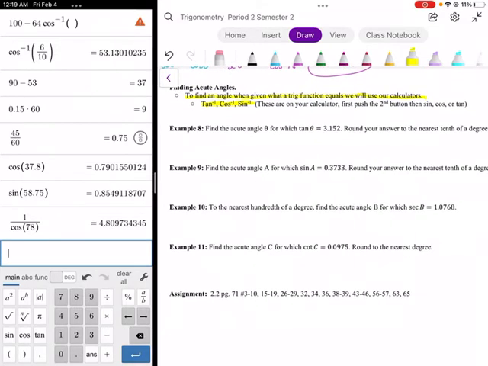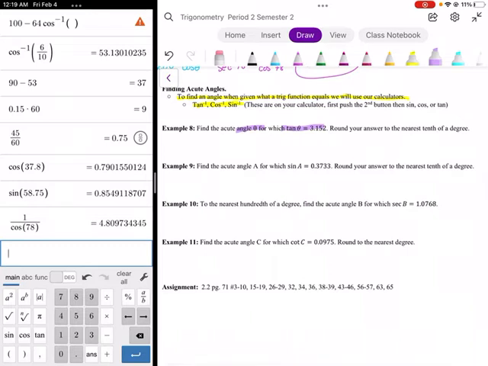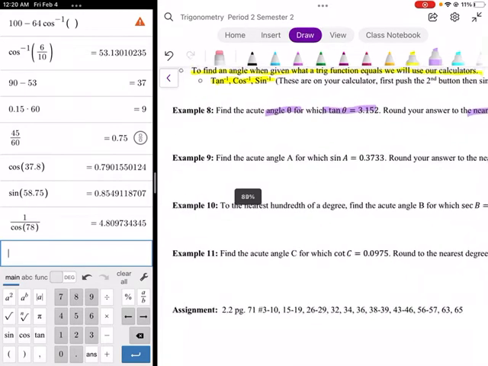And you use these when you're looking for angles. Our next example wants us to find the acute angle theta, for which tangent of theta equals 3.152. And we're going to round our answer to the nearest tenth of a degree.